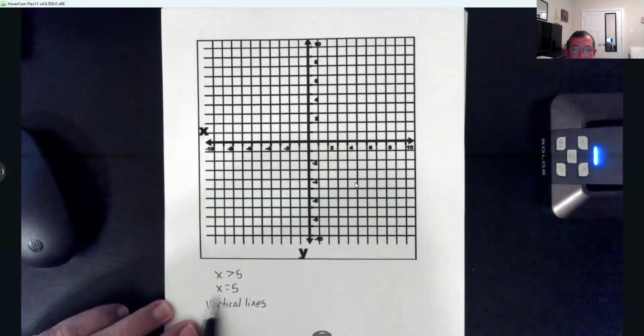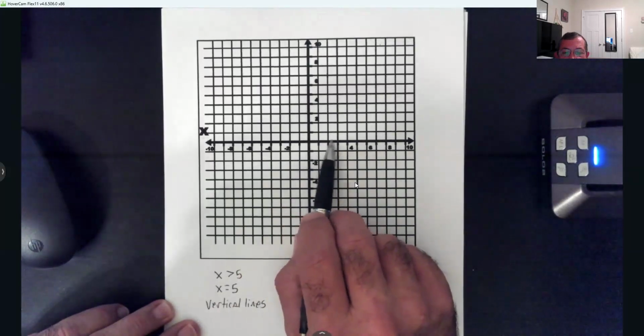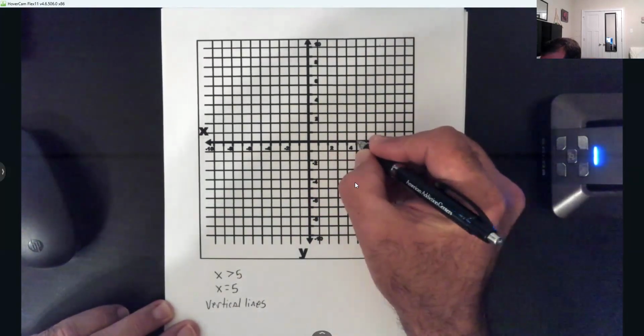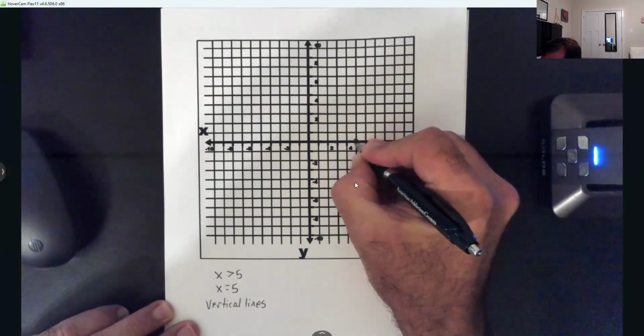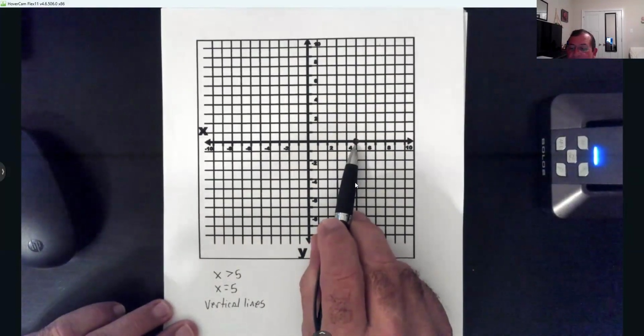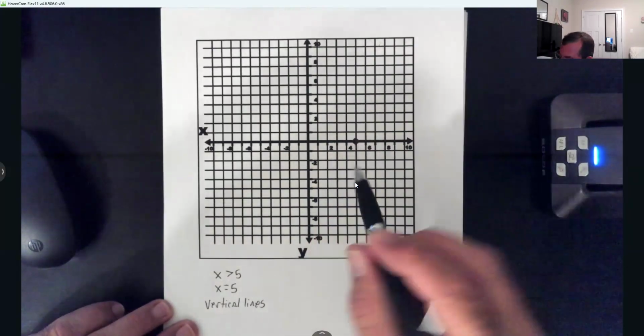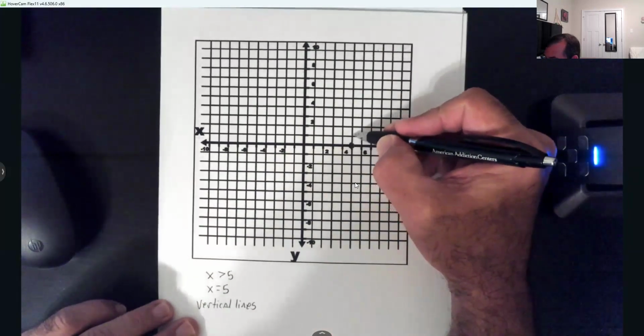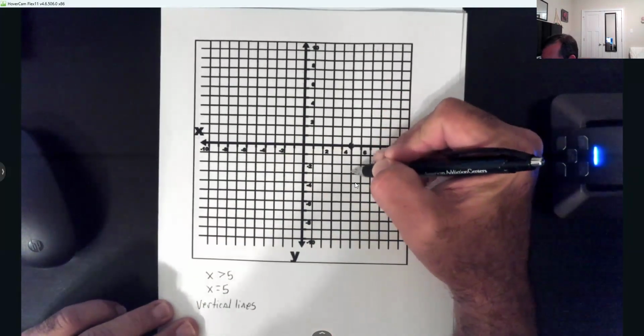So X equals 5. Come over here on the X-axis to 5. So 1, 2, 3, 4, 5 is right here. Since this is 5 on the X-axis, the graph of X equals 5 would be a vertical line right here.